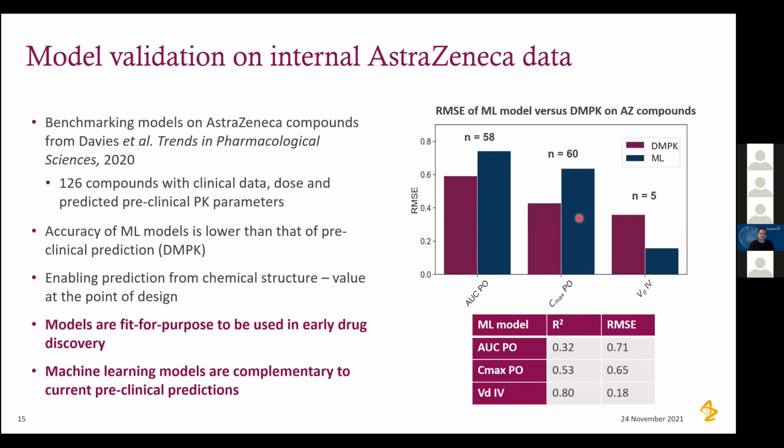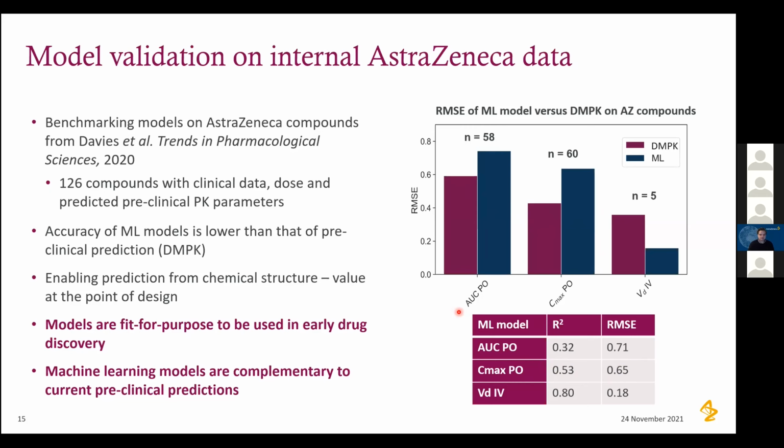But the takeaway here is not that we did worse than DMPK, but that we do all right, because the RMSE is the same as for the holdout test set, more or less. So it tells us that the models are robust in also predicting this chemistry.